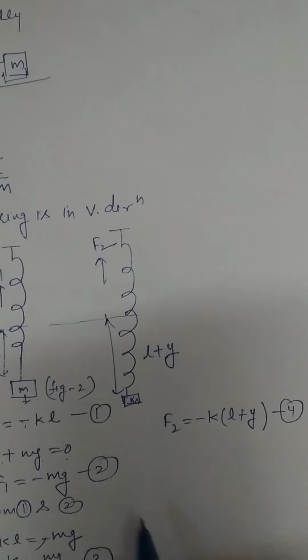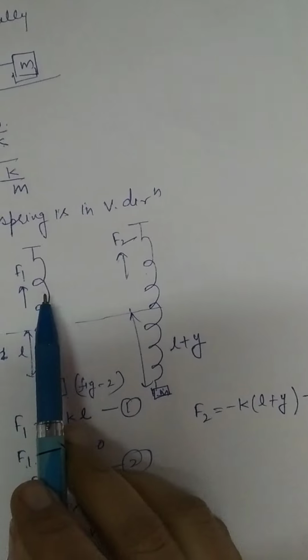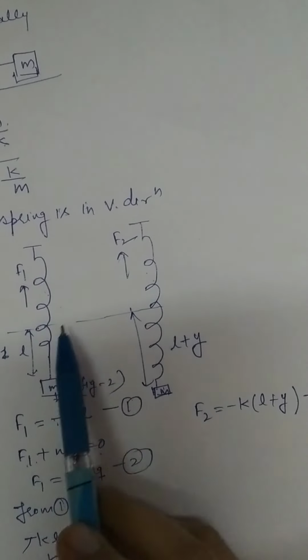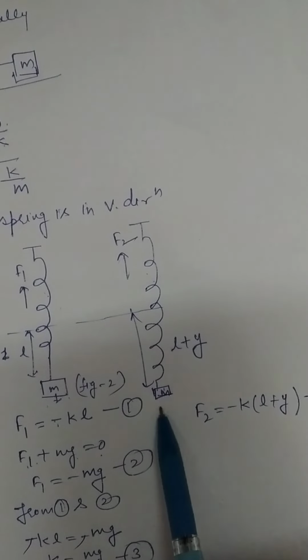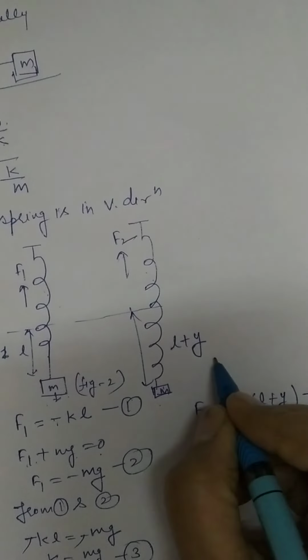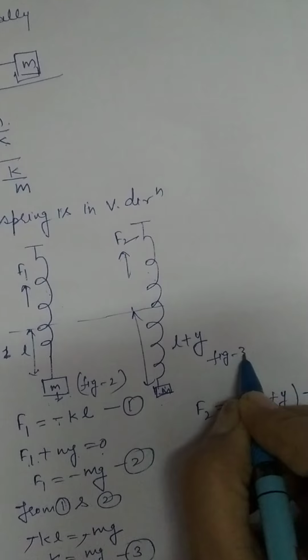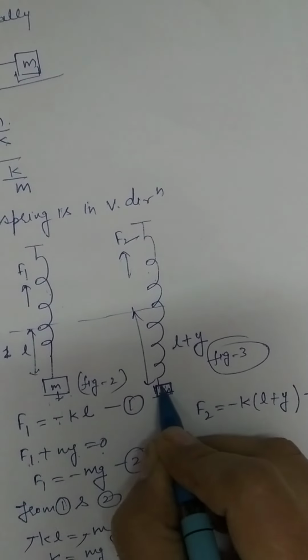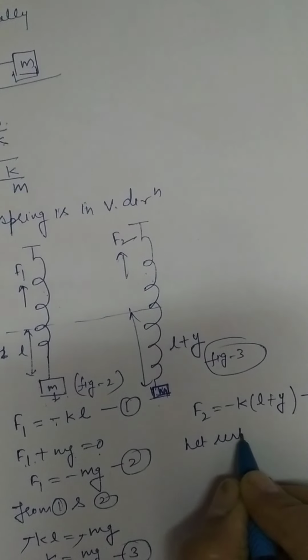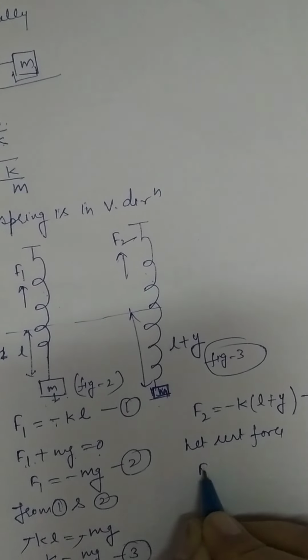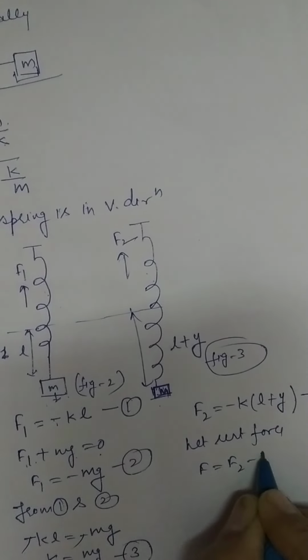Now what is the net restoring force? If we see figure 1 and figure 2, students, in figure 2 it is only extended, and in the third, this is figure 3, it starts executing simple harmonic motion. Net restoring force F is equal to F2 minus F1.